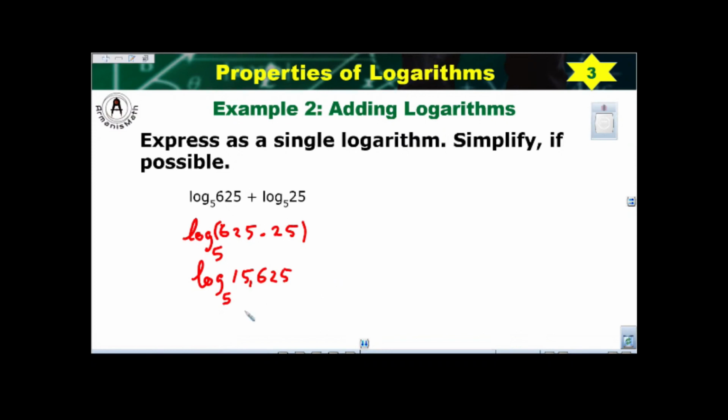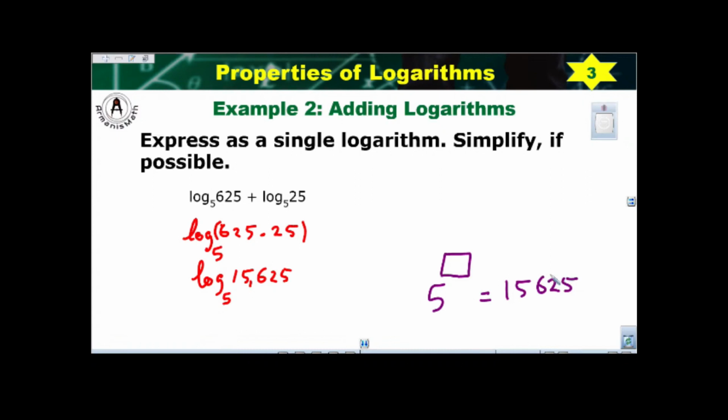So now you go to your powers. 5 raised to what power gives you 15,625? Obviously it's going to be more than 3, because 3 gives you 125.